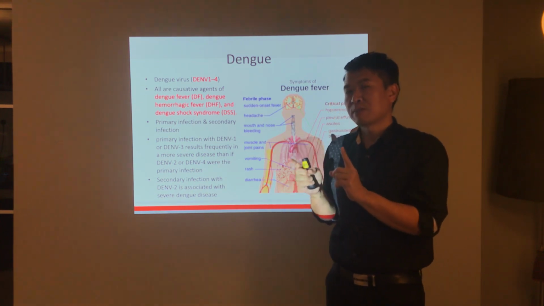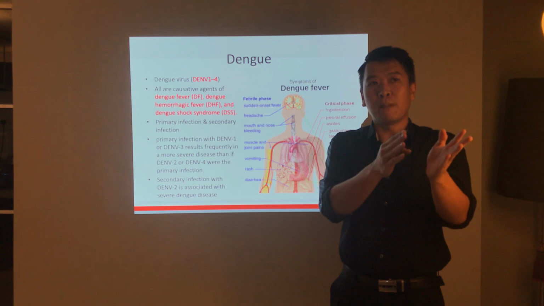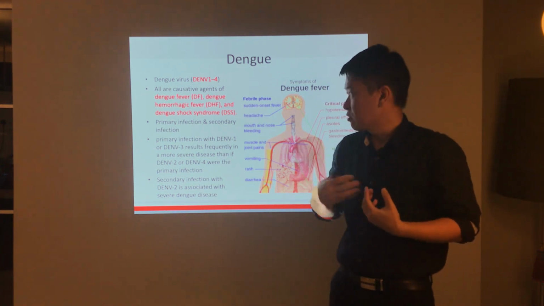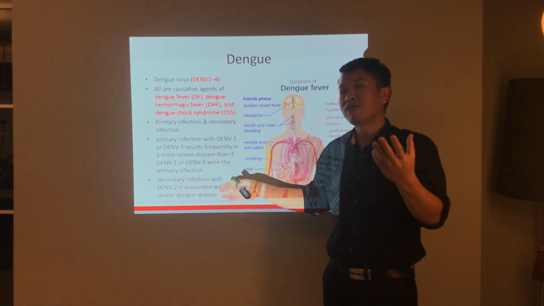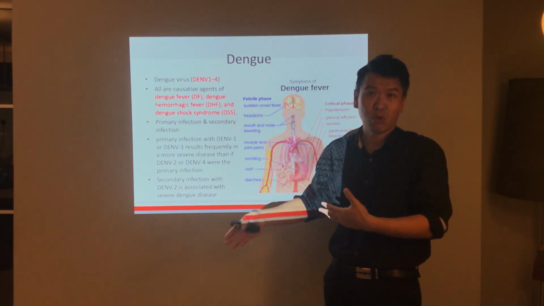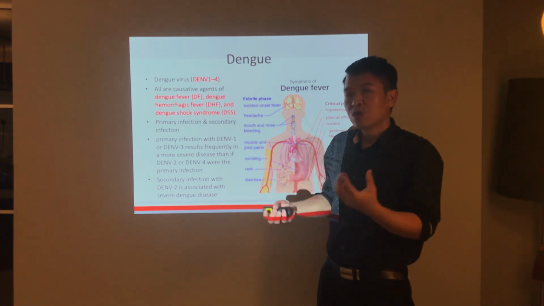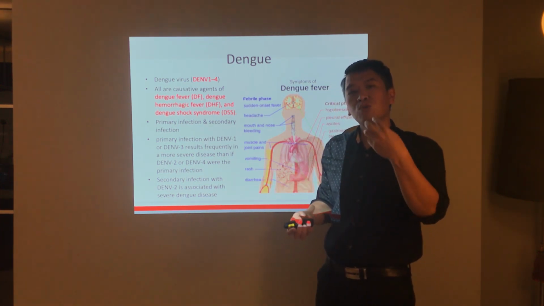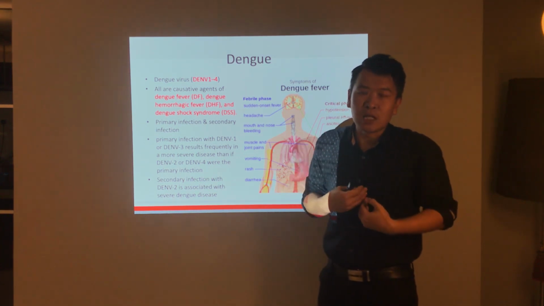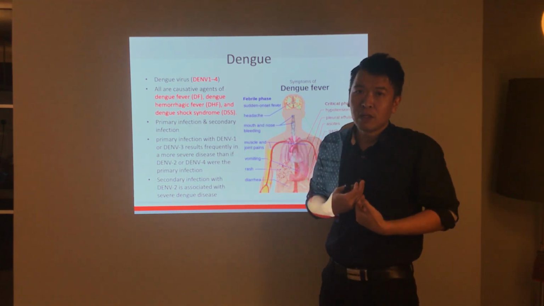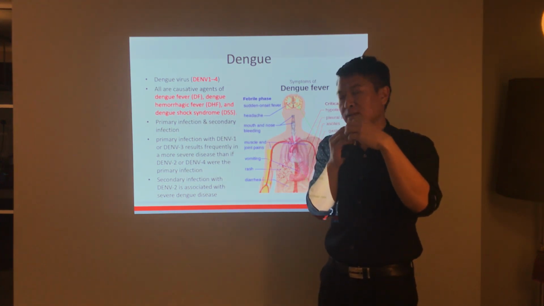And how dangerous it is when a person who got exposed to dengue virus serotype 1 gets exposed to dengue virus serotype 2, 3, or 4. Let's use 2 as an example. When dengue virus serotype 2 is transmitted into the person, this antibody will partially neutralize the virus.